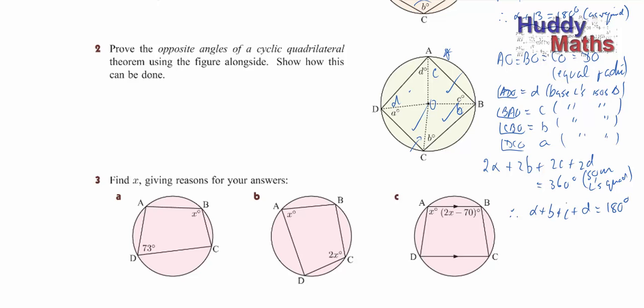And let's look at the opposite angles now. Here's a pair. That is angle DCB, which is alpha plus beta, plus angle DAB equals 180 degrees, as required, because that's supplementary, summing to 180.